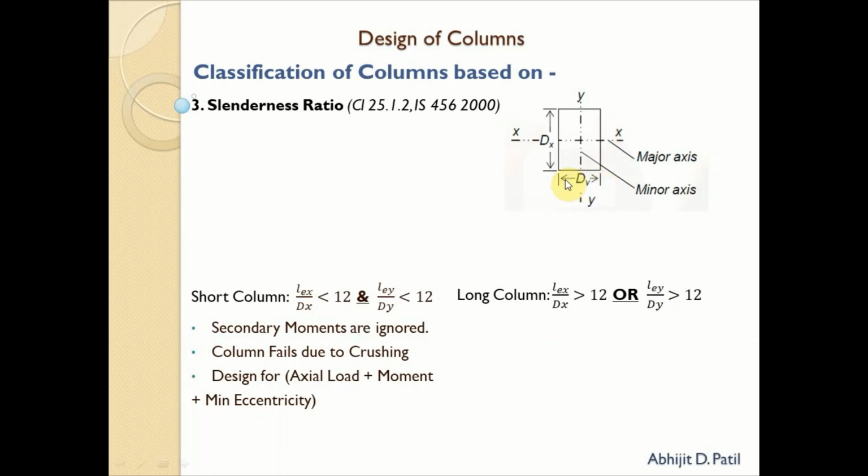So obviously this ratio will come less. If this ratio is more than 12 and the other ratio is less than 12, it will fall under the long column category. If you want your column to be short, both these ratios should be less than 12. If any ratio is more than 12, it will be a long column.